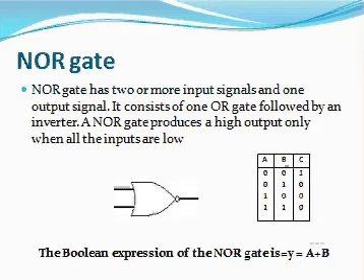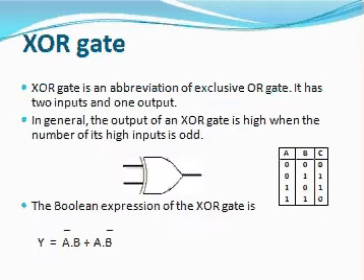And the NOR gate is a combination of an OR gate and an inverter, and its output is high only when all the inputs are 0. Next one is the XOR gate. It is also known as the exclusive OR gate, and it gives an output for alternate inputs. That is, for the 0 and 1 combination, it gives an output. When both the inputs are the same, the output will become 0.